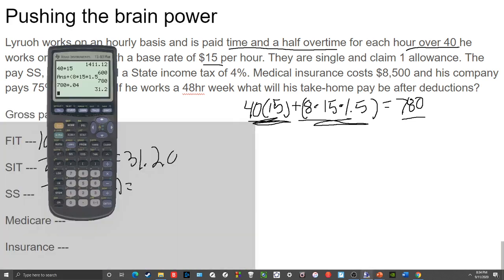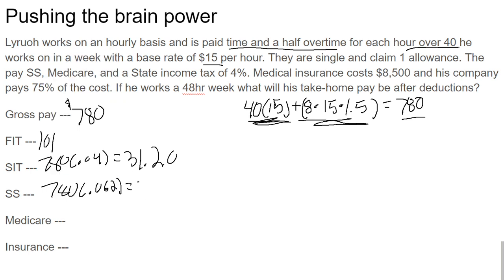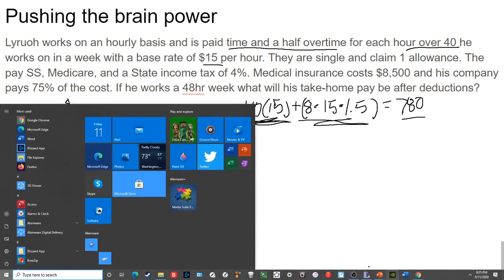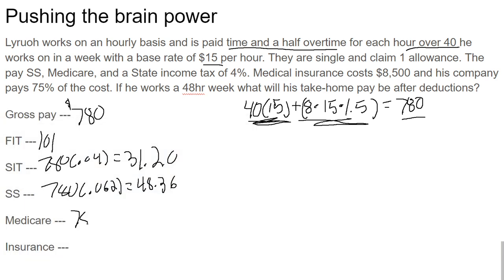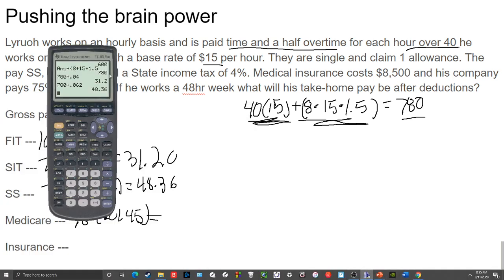Go ahead and do that. We get 48.36. Medicare is 780 times 0.0145. And then we go ahead and plug that in here. So 780 times 0.0145. We get 11.31.